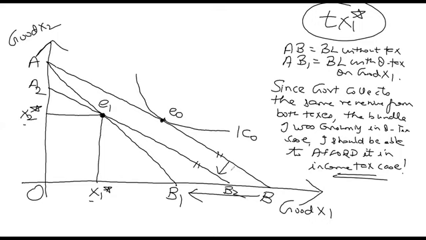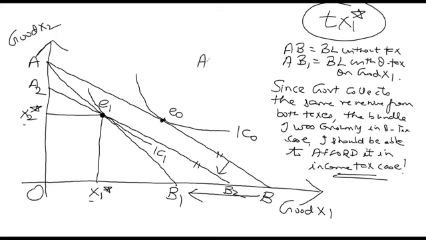Now look, everyone look: when I was at E1, what did my indifference curve look like? Like this. This was my indifference curve, IC1, when I had the quantity tax. When the income tax is imposed on me, now I'll consume on the budget line A2 B2.